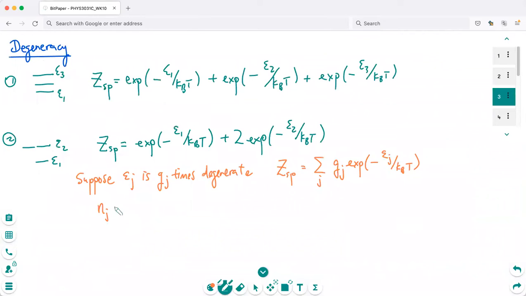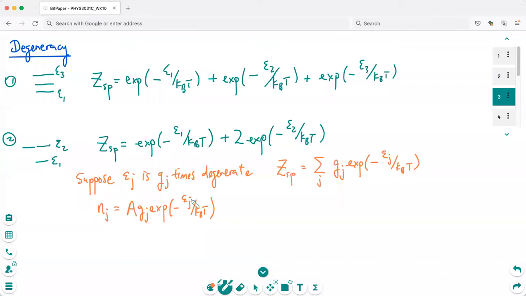Sorry, what I meant is the number of particles having the energy E sub J.